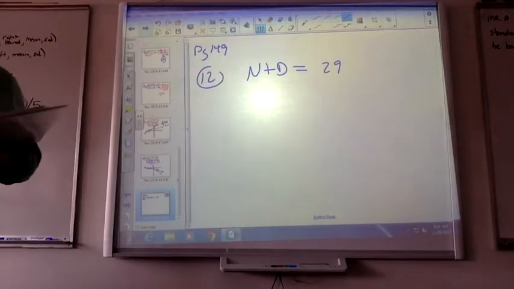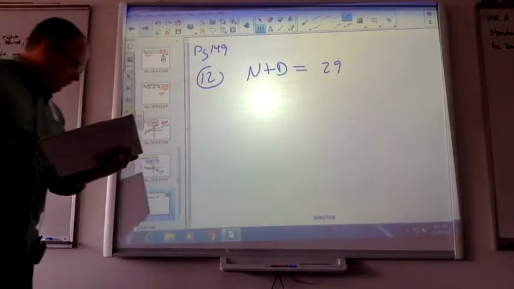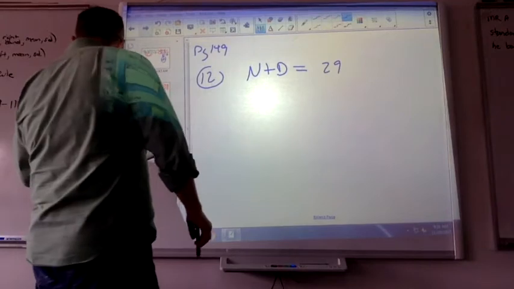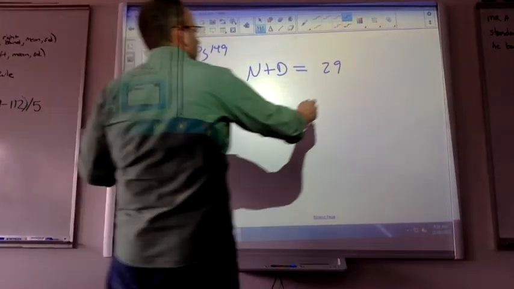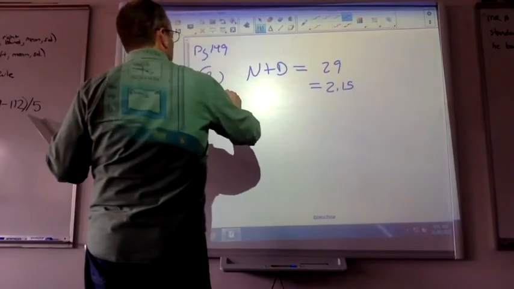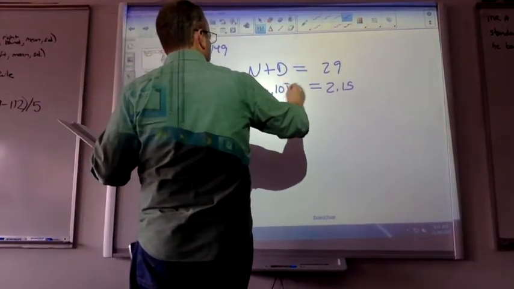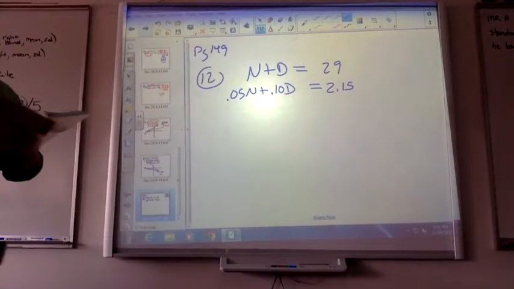So you empty out your piggy bank, you note, oh look, they're all nickels and dimes, and I happen to have 29 coins in all. So there's not a money value with it. I know that I have a total of $2.15, right? So I have 0.05 nickels plus 0.10 dimes equals $2.15.